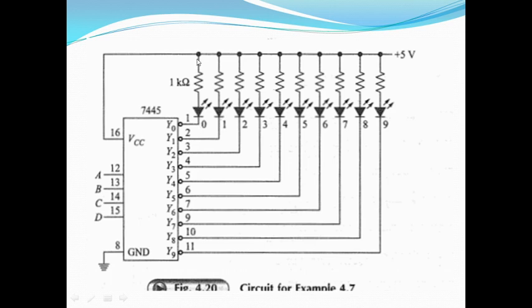So, 5 volt minus the 2 volt drop across the LED is equal to IR. I you have to find out, and R is known. So, 5 volt minus 2 volt is 3 volt, divided by 1K, which means 3 milliampere current will flow when the LED is forward biased.